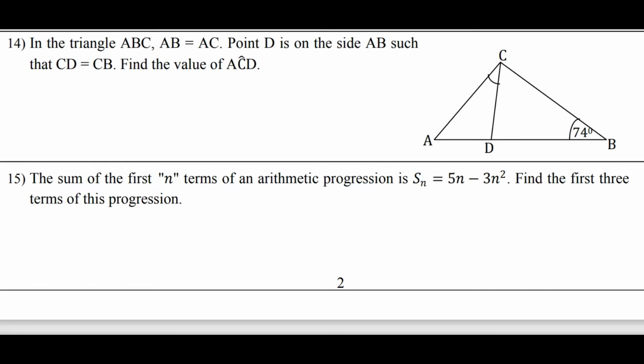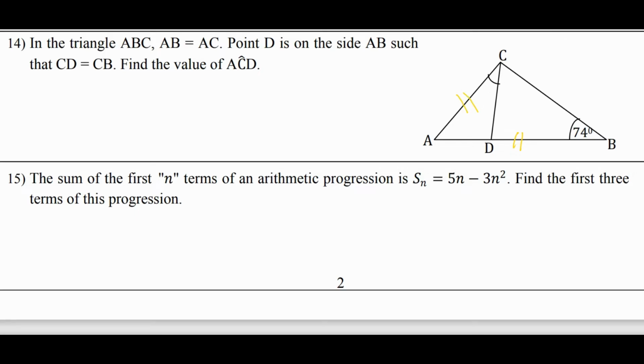The triangle ABC. AB is equal to AC. Yes, I'm marking them off. AB is equal to AC. That means this AB line is equal to this AC line.